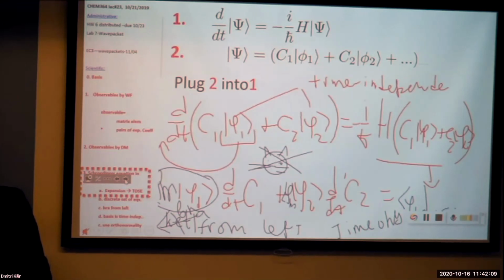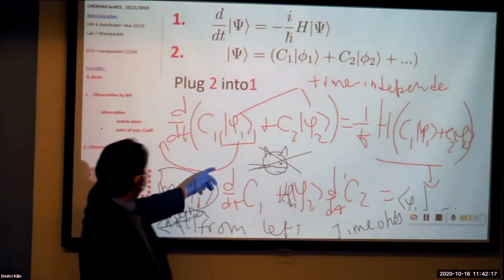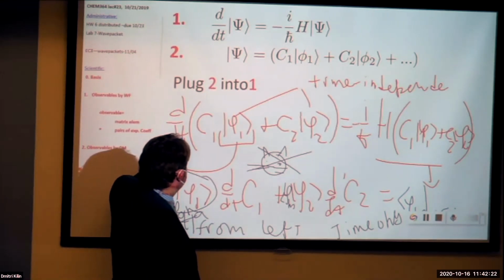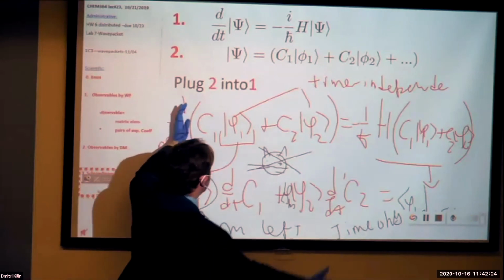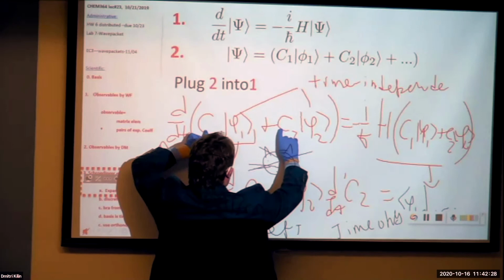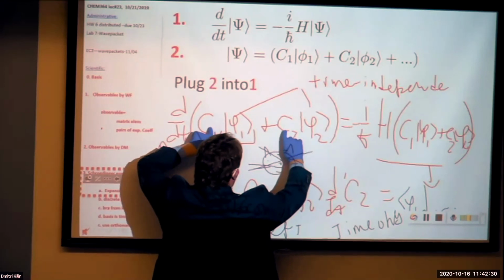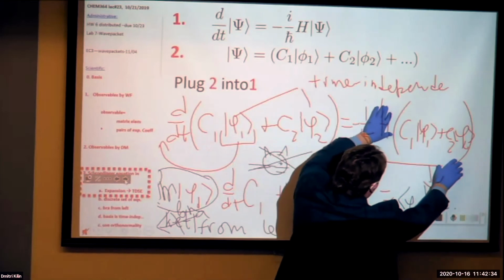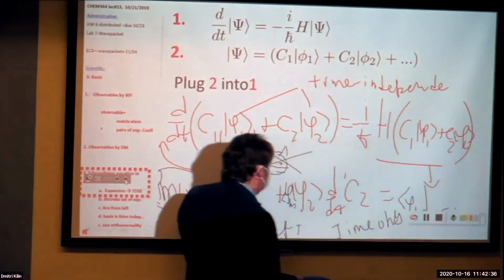So if I plug 2 into 1, on the left is the time derivative of the wave function, which is a summation of the first and second wave function with the first and second expansion coefficient. And on the right is the Hamiltonian operator acting on this wave function.